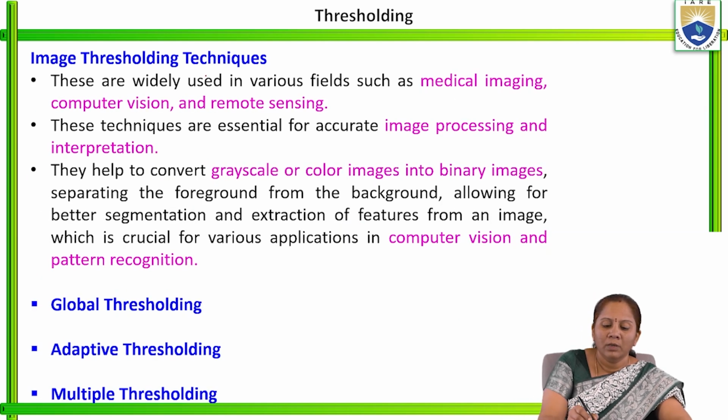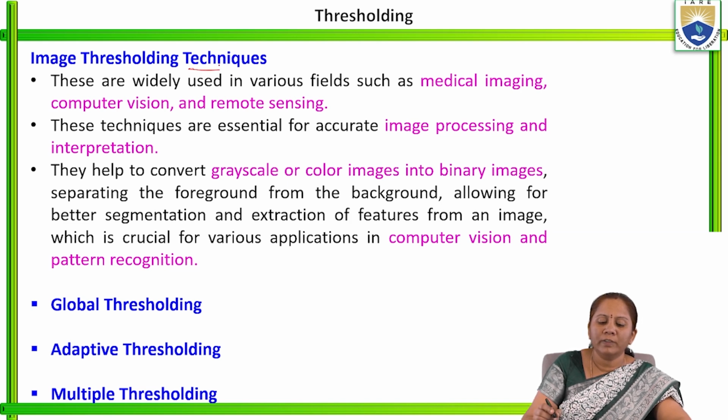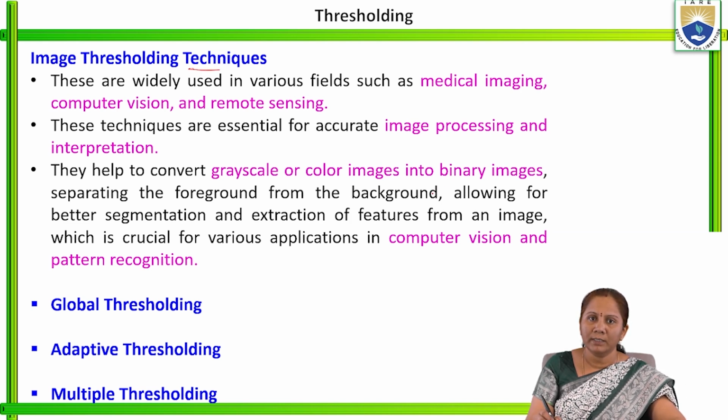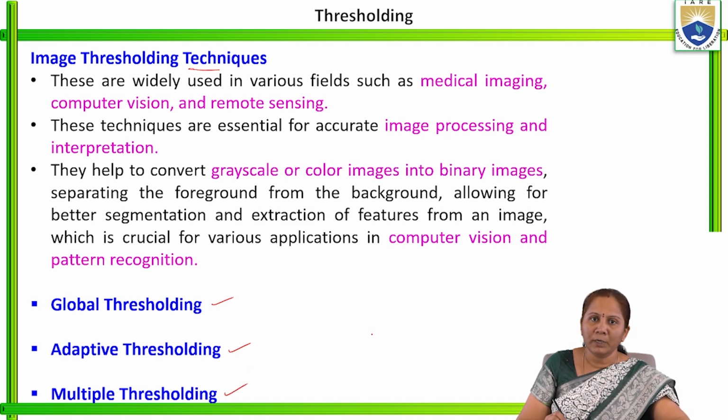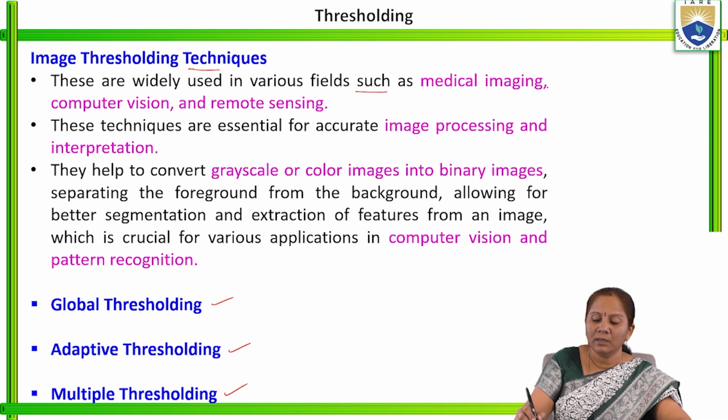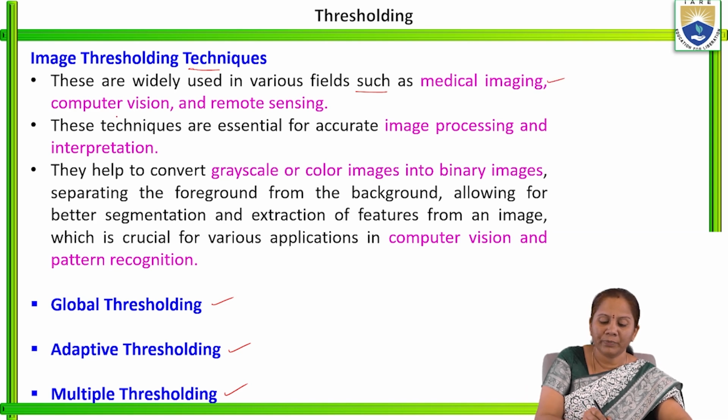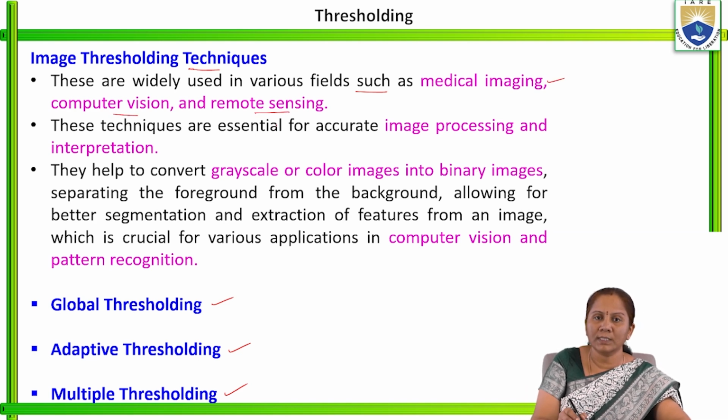Now, what is the importance of image thresholding techniques? We have three different thresholding techniques: global thresholding, adaptive thresholding, and multiple thresholding. These techniques are widely used in various fields like medical imaging, computer vision and remote sensing.